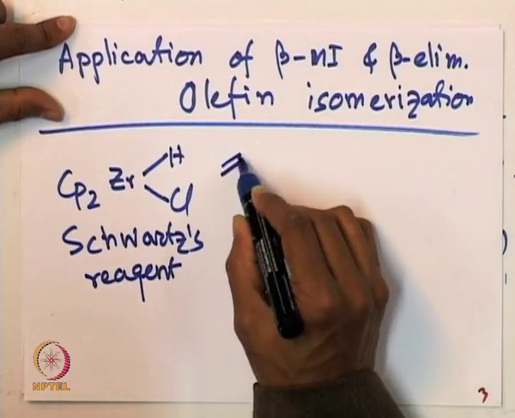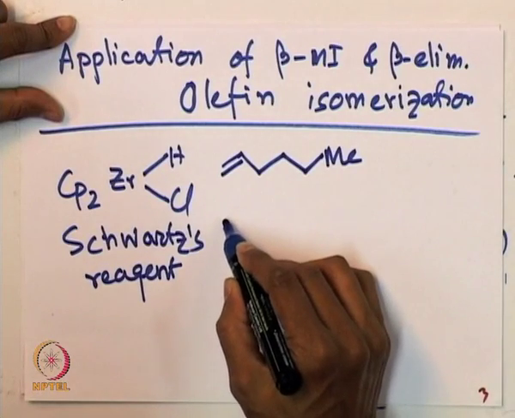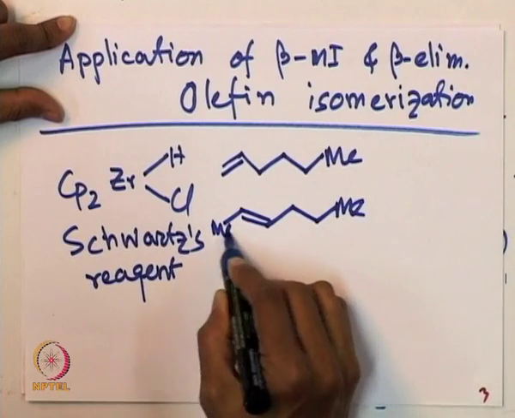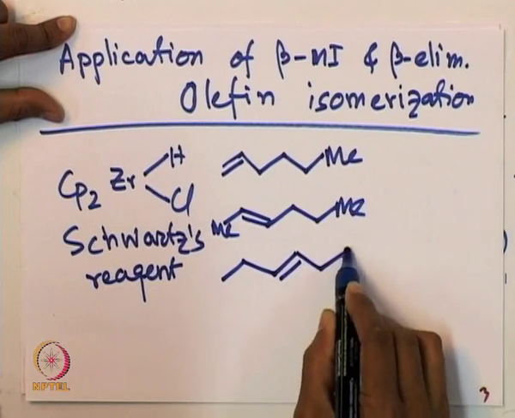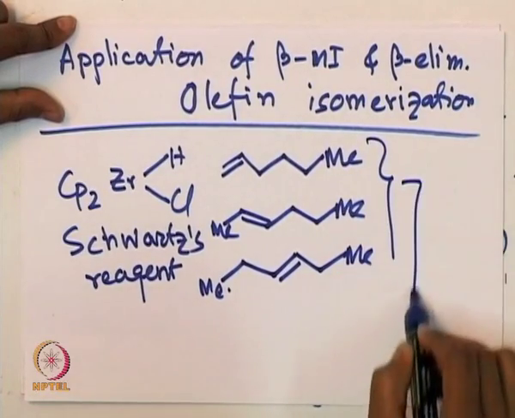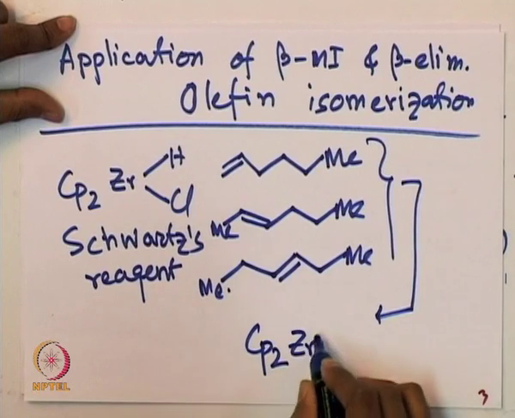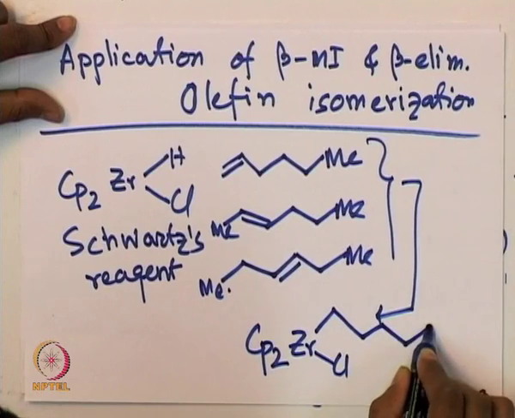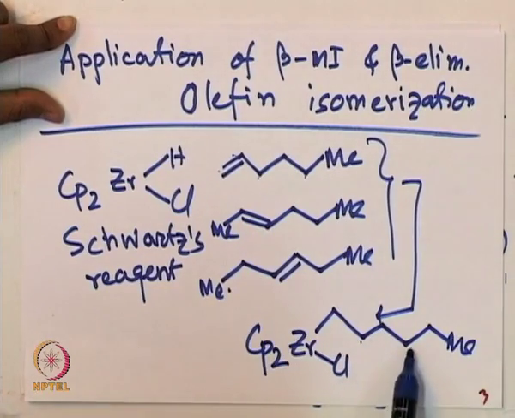In any case, let us say you have one of the olefins like this, you can have another olefin like that, and of course another olefin as you can draw from the same thing, this. Overall, for all these cases you have an sp2 zirconium chloro complex, starting with this, carbons 1 2 3 4 5 6, 1 2 3 4 5 6.